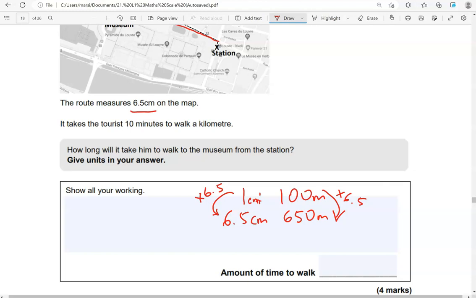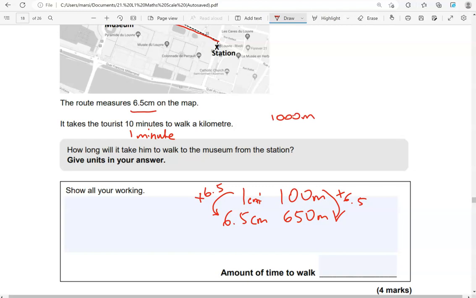So 650 meters. We know that it takes a tourist 10 minutes to walk a kilometer. So 1 minute will be 10 times less than a kilometer. We know that in a kilometer there are 1,000 meters.